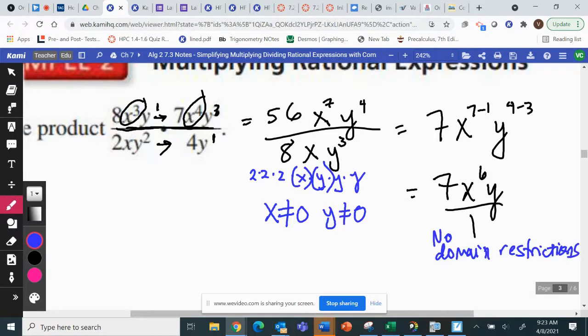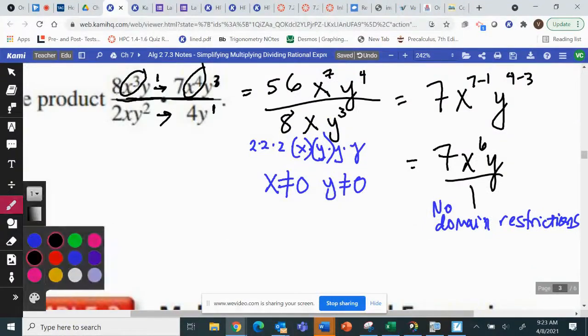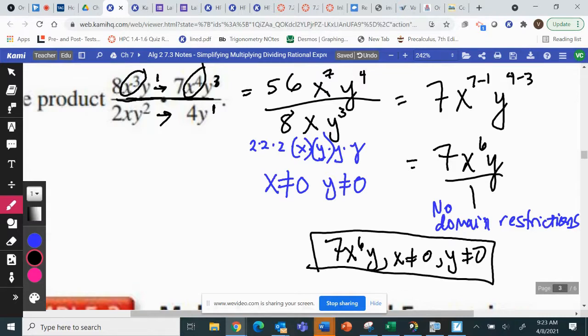So if there's no domain restrictions, then that means something changed. So my final answer for this one is going to be 7x to the 6y, comma, x does not equal 0, and y does not equal 0. So you can have multiple domain restrictions.